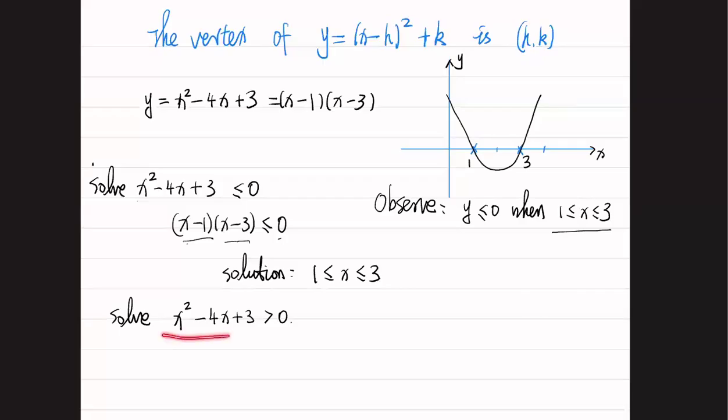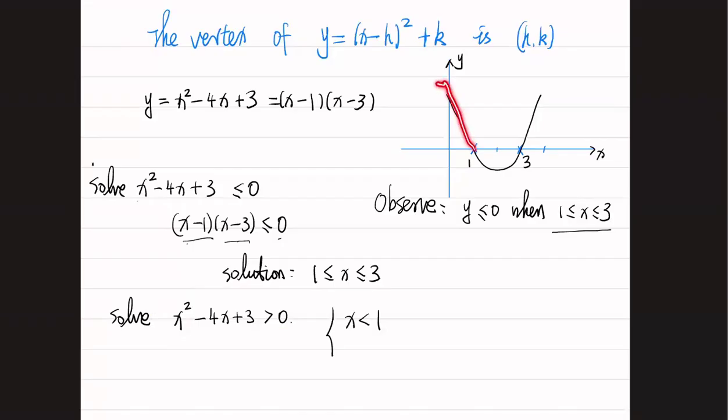Would it be 1 is greater than x? Oh, no, that doesn't work. Yes, but we see it the other way. x less than 1, that's correct. x is less than 1. So it will be this part.